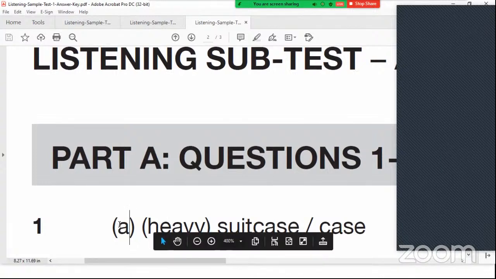See, now if you write A or no, no problem. Heavy, no problem. Or only case or suitcase, no problem. So suitcase is a must, and case is also a must, any one. Heavy you write or no, no problem. A you write or no, no problem. Because here they have given brackets.